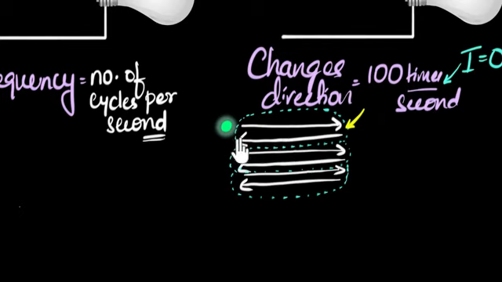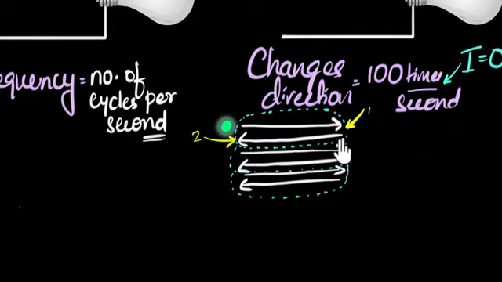It finishes its cycle when it changes its direction again, because the next cycle cannot begin unless you change your direction. So the electron finishes the first cycle after changing its direction again. It changes direction once, then a second time. So in 1 cycle, the electron is changing its direction 2 times.